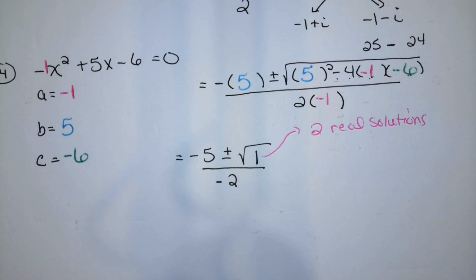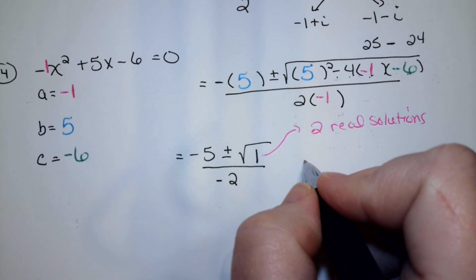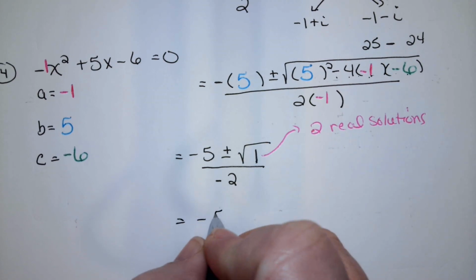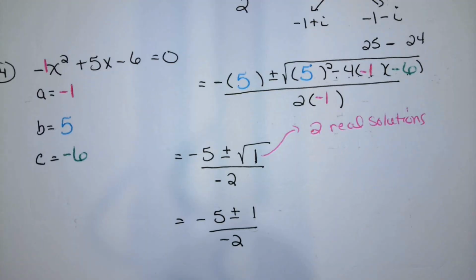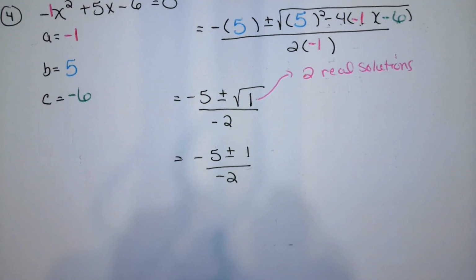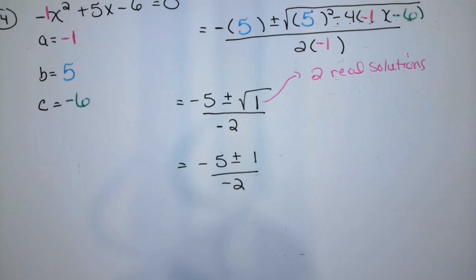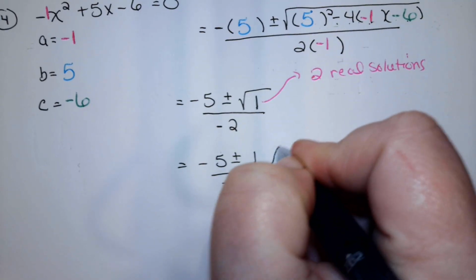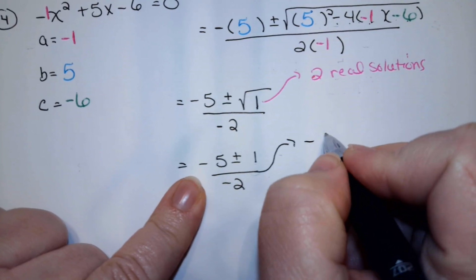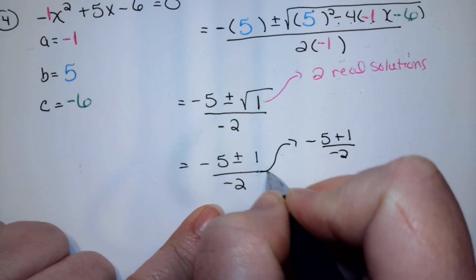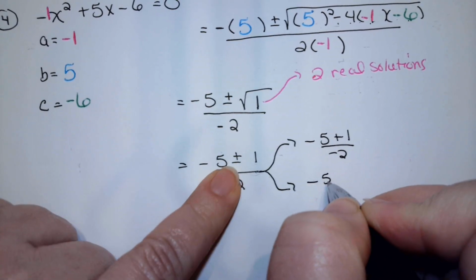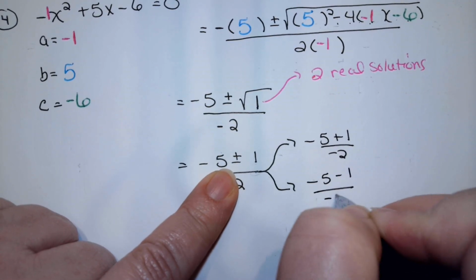Alright, so let's simplify this out. We know the square root of 1 is 1. So what we have here is negative 5 plus or minus 1 over negative 2. And we can still simplify this. What we have here is negative 5 plus 1 over negative 2, and we have negative 5 minus 1 over negative 2.